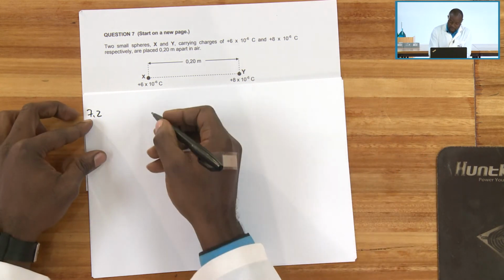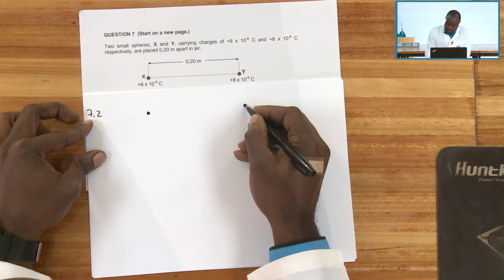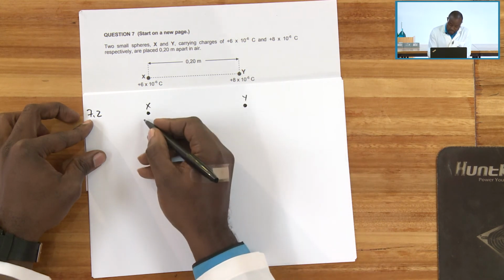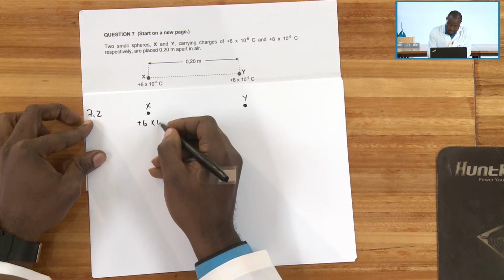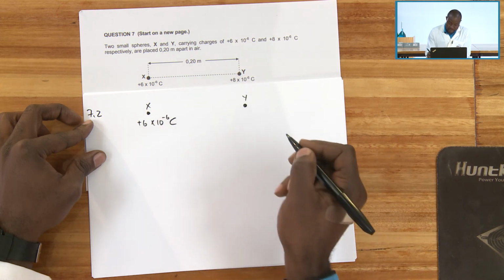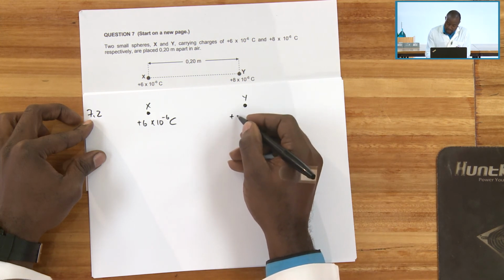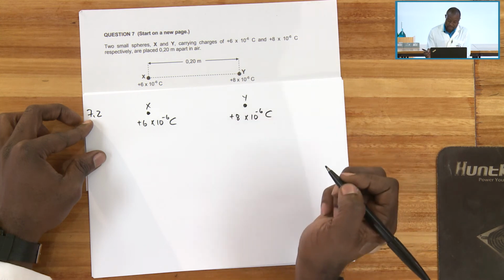So I'm just going to draw our scenario. This is point X, this is point Y, and our charge on X is positive 6 times 10 to the power of negative 6 coulombs, and our charge on Y is positive 8 times 10 to the power of negative 6 coulombs.